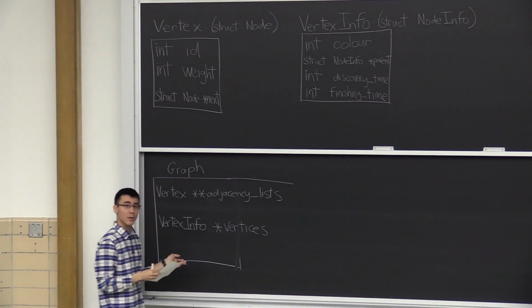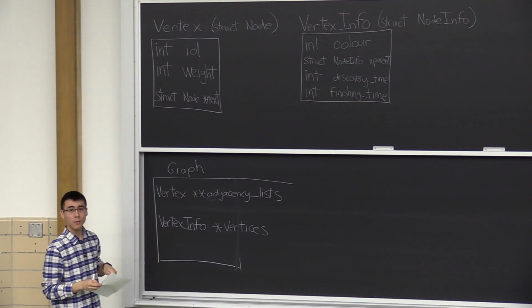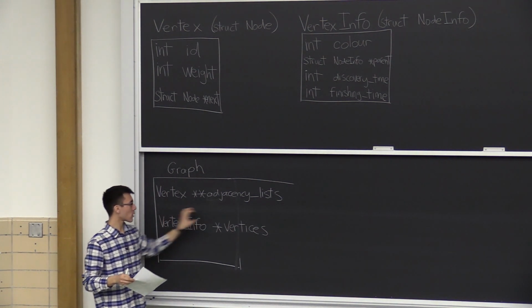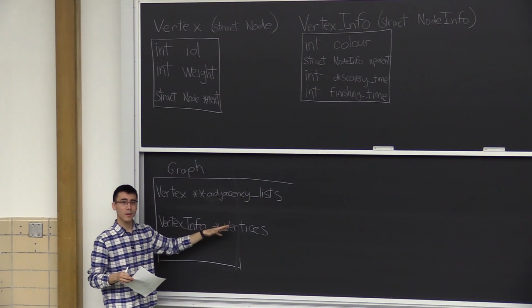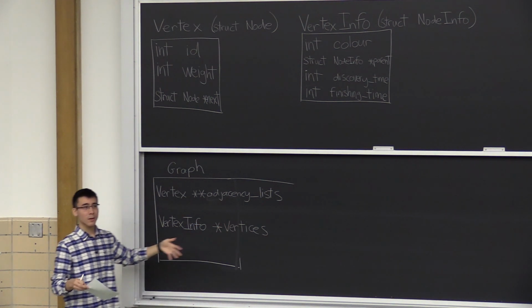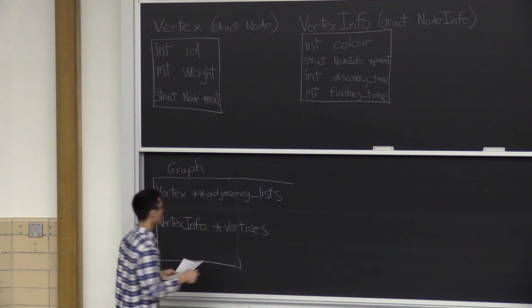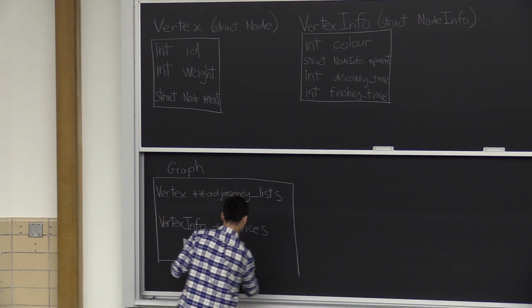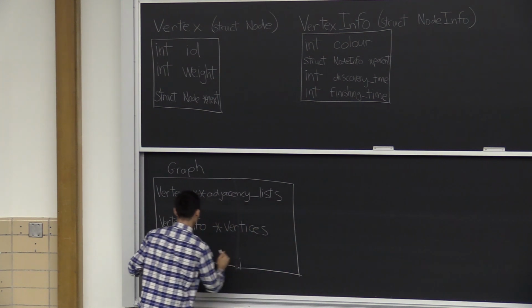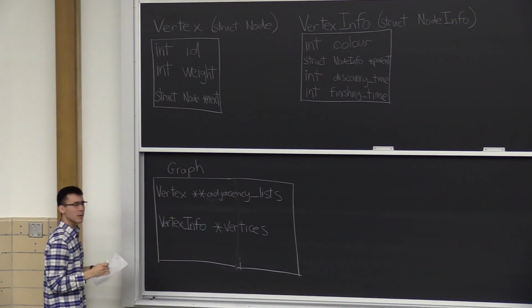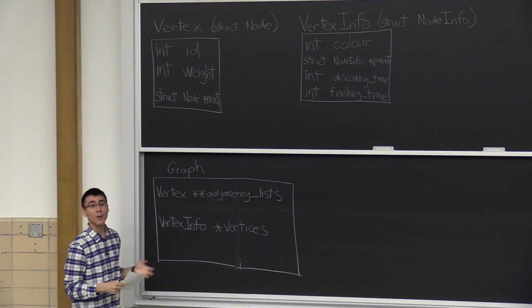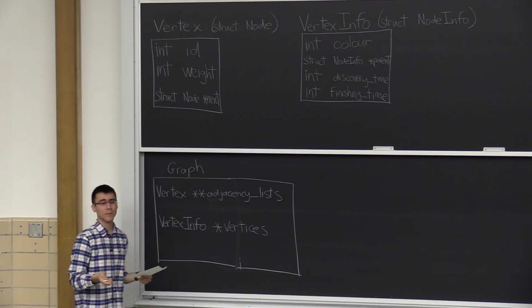We're going to make a pointer to vertex info so that we can call malloc with this, set it equal to malloc of something, and then maybe if we want to add another one, we can do a realloc. Okay? So that's that. And for convenience, we can also keep track of how many vertices are actually in this graph.